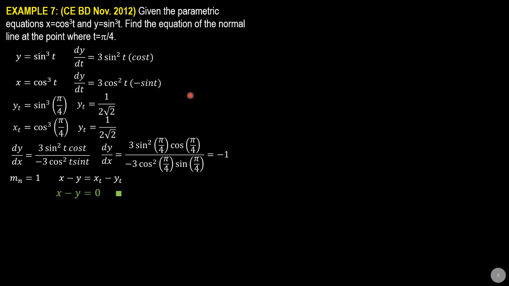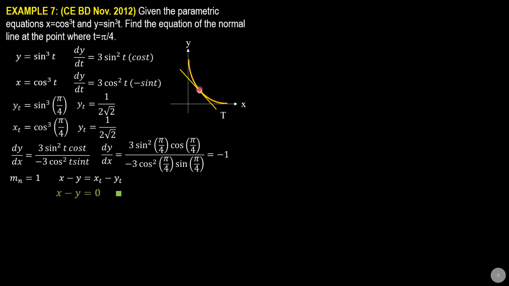Then as I said, if we recognize that this is the graph of the four-cusped hypocycloid, I'll just present one branch in the first quadrant, because this should be in the first quadrant since t is pi over 4. Both x sub t and y sub t are positive and equal, so they are in the first quadrant. The tangent will be as shown.